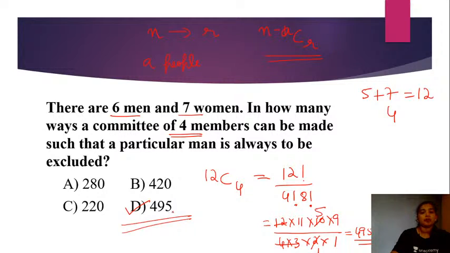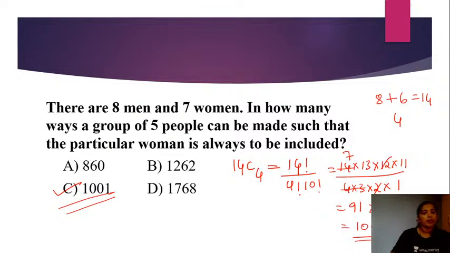In the previous problem, we saw that a particular lady was always included there. Am I correct? So in that case, the n value initially was 15, so you subtracted 1, and the r value was 5 and you subtracted 1. So when a particular person is always included, what we do is we subtract that value from both n and r.